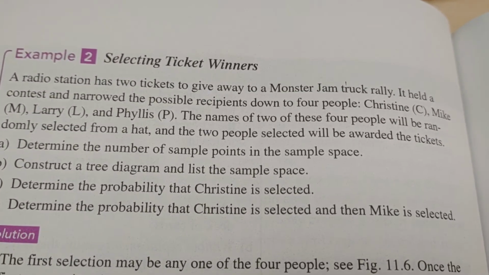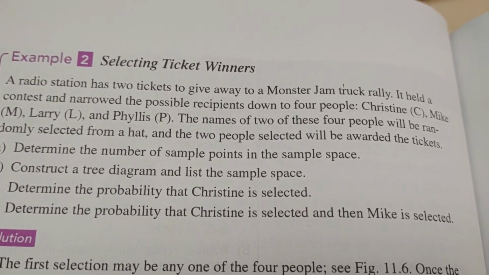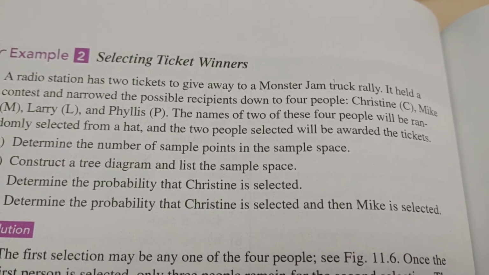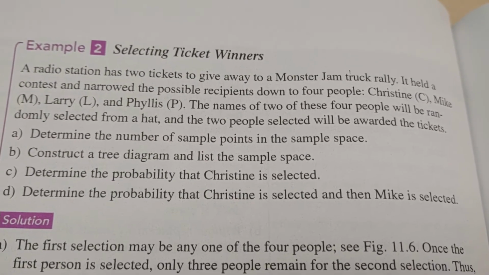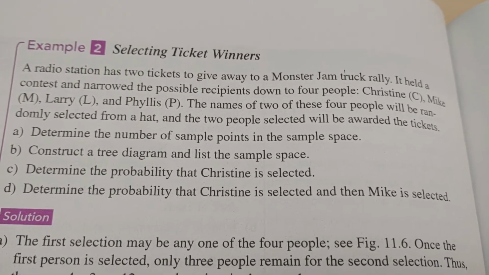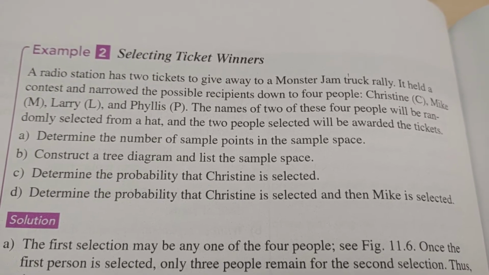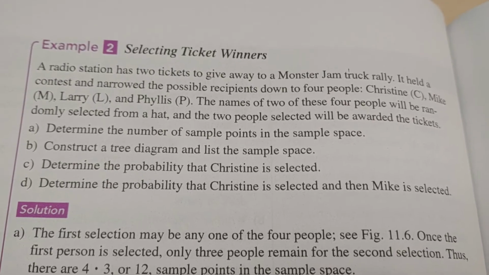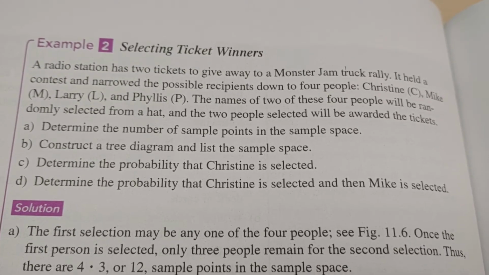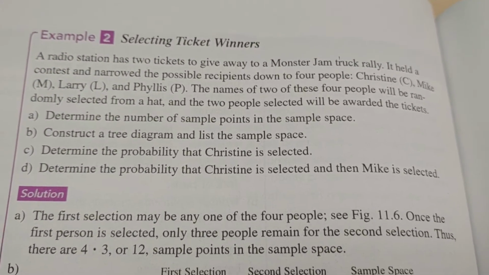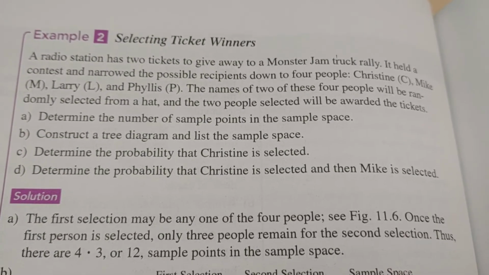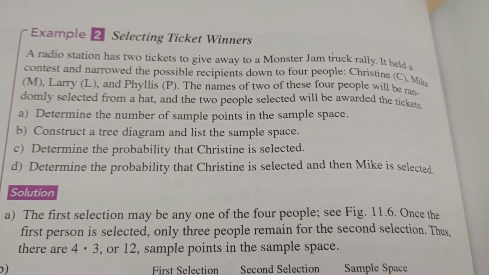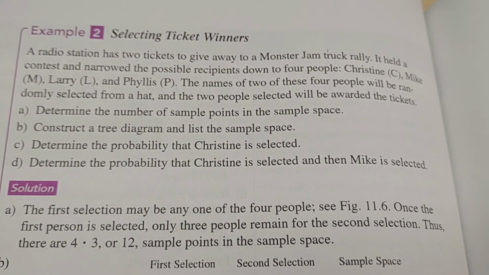Christine is represented by a C, Mike by an M, Larry by an L, Phyllis by a P. The names of these 4 people will be randomly selected from a hat, and the 2 people selected will be awarded the tickets.